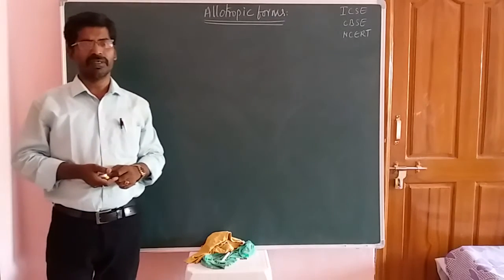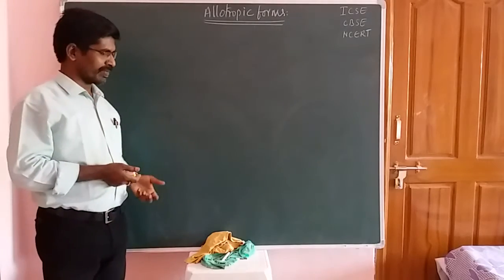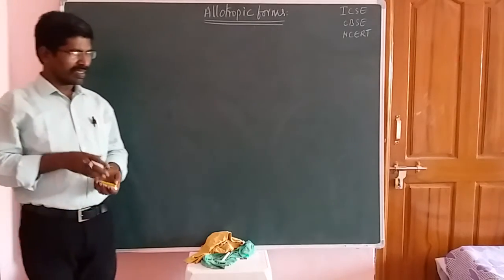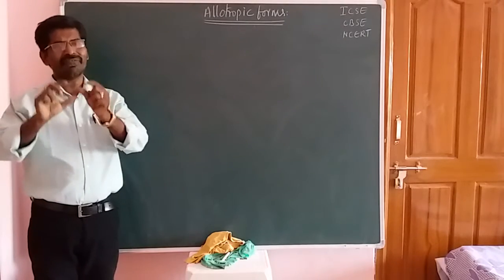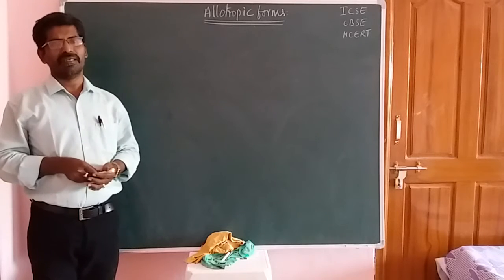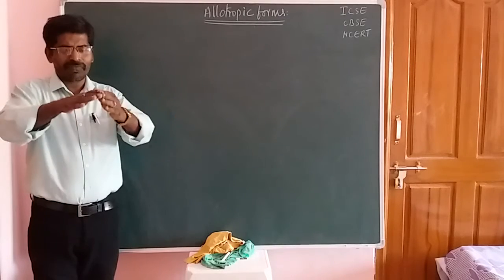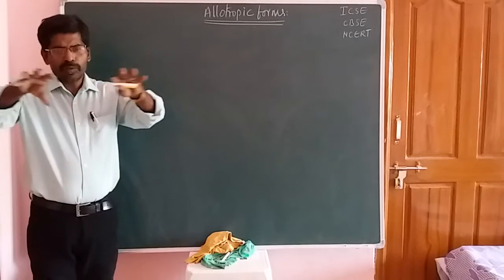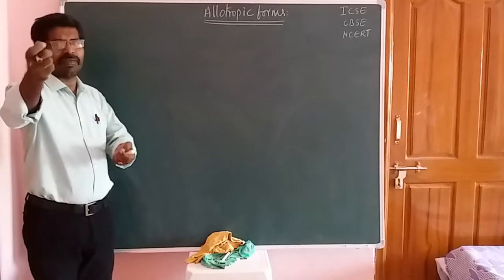Okay students, this phenomenon is known as allotropy. The element exists in different physical forms or states, but all those physical states containing that particular element behave with similar chemical properties.